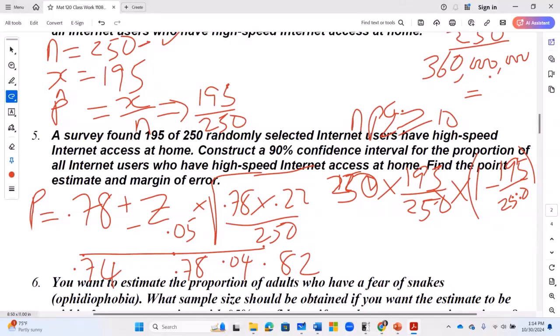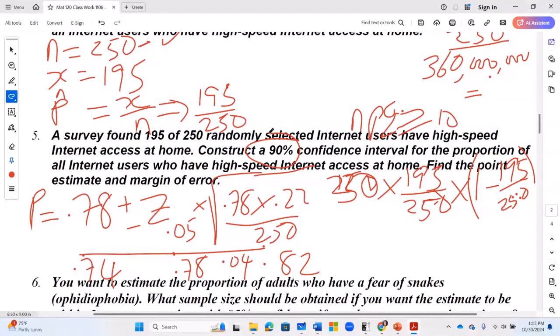And by the way, you cannot be more confident than the confidence level given to you. In other words, if I'm given 100, I can say that the interval from 74 to 82 contains the population proportion.